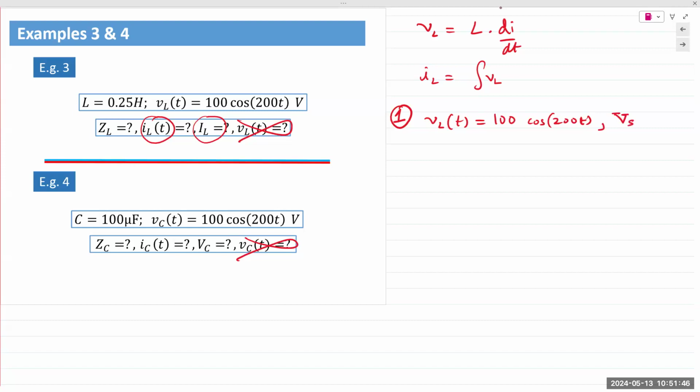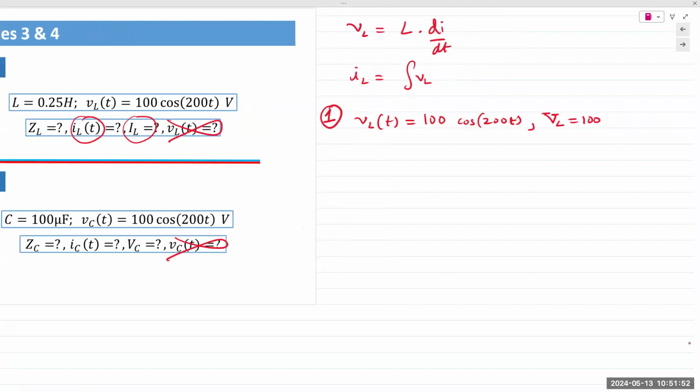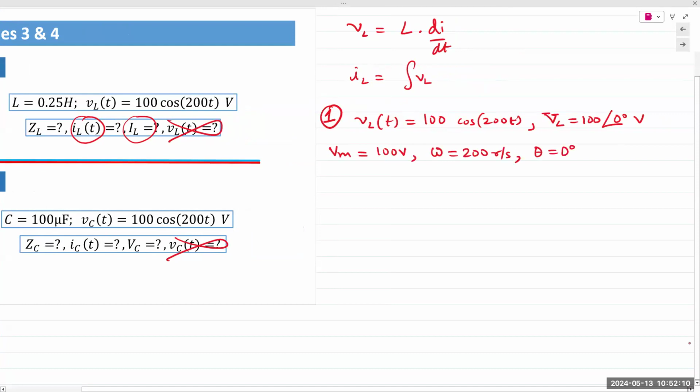V phasor for that is 100, the phase angle of 0 degrees. And then Vm, the peak value of that inductor voltage is 100 volts. Omega is 200 radians per second. And phase angle theta is 0 degrees.